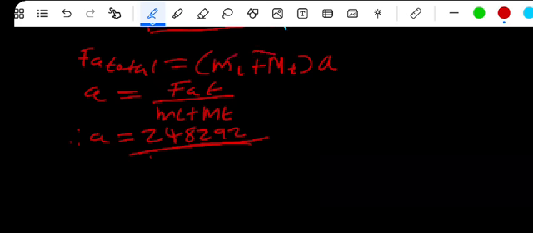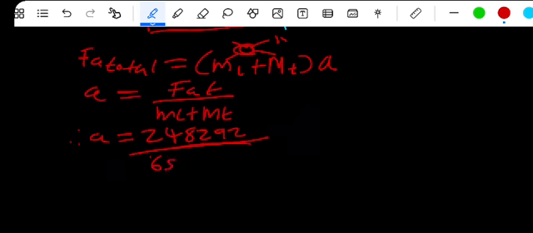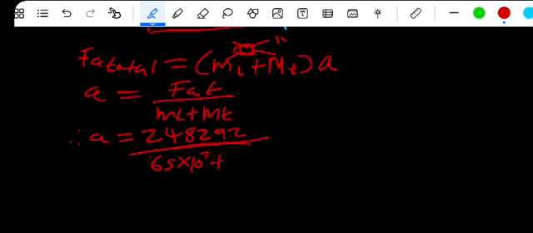Now it's a real mass, it's no longer tractive resistance, so it must be in kg. This 65 times 10 to the power of 3 plus 400 times 10 to the power of 3.